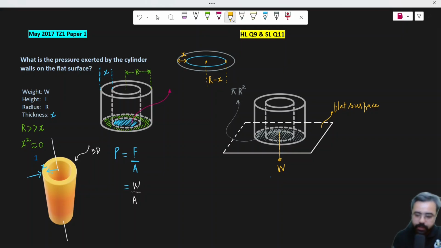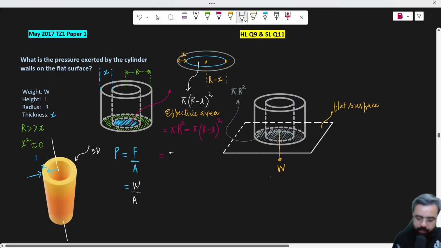If you want to find its area, dear students, this area should be equal to pi into r minus x whole square. So the area of the effective part which is exerting pressure should be equal to the total area pi r square minus this area, pi (r minus x) whole square.